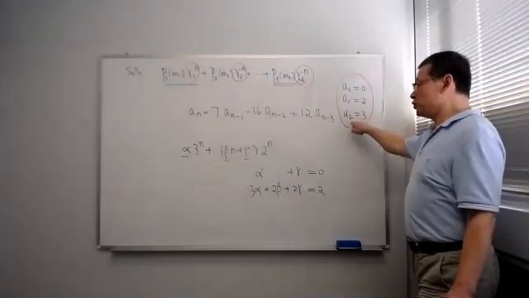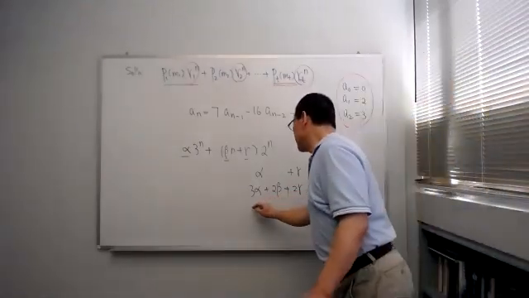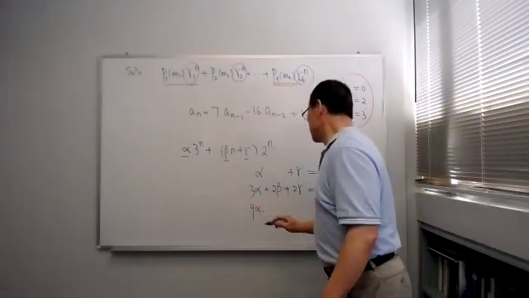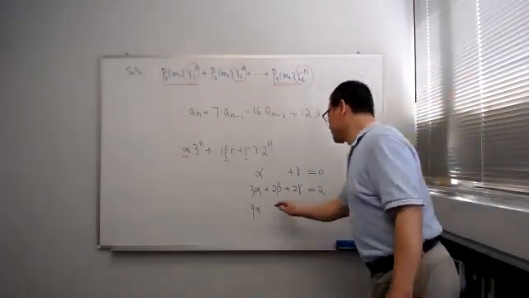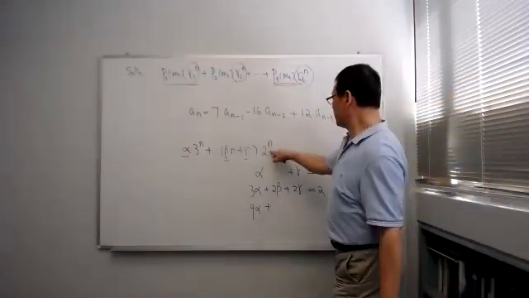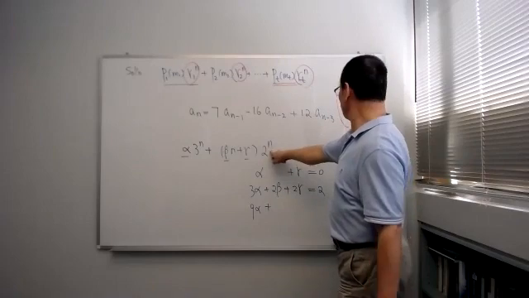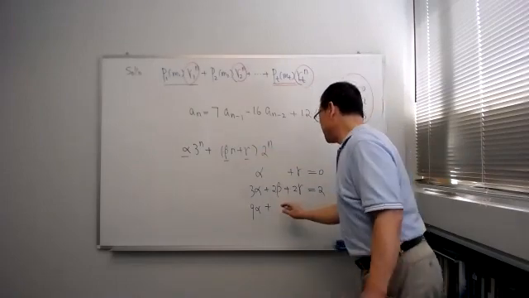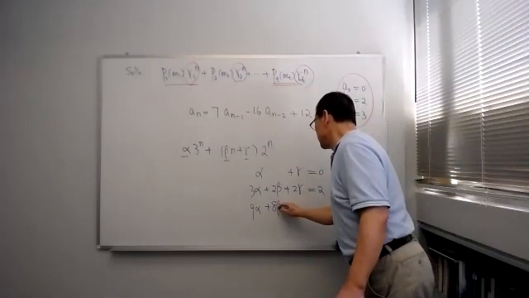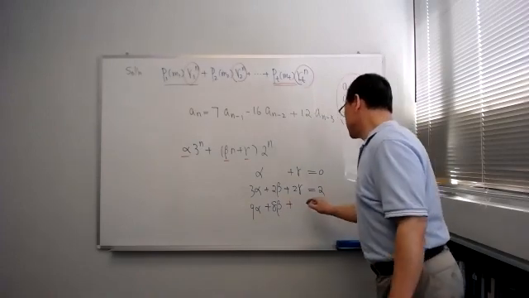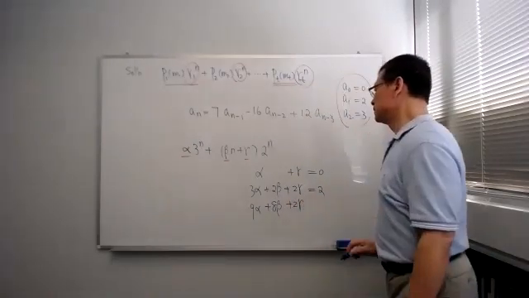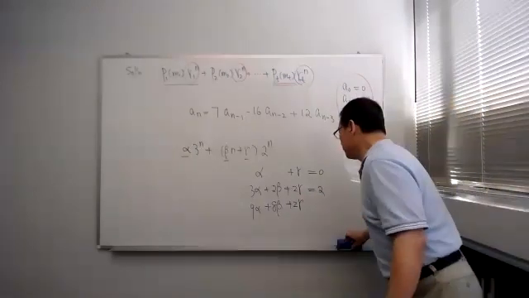When n equals 2, what we get is 9 alpha. Here the 2 is 4. It's 8 beta, and 4 gamma.